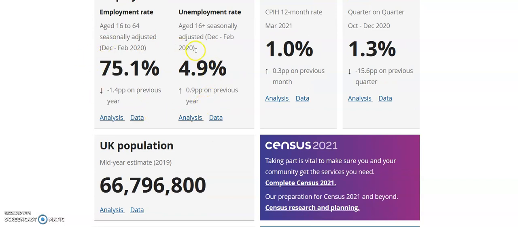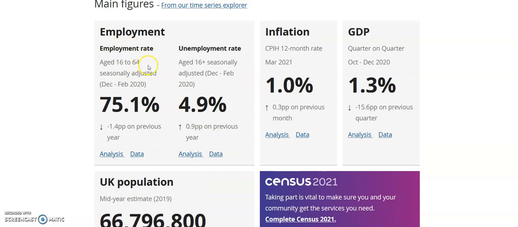This is the UK population, and then we have the employment rate and unemployment rate. These rates are not a percentage of the population, because we have those under the working age and over the working age. As you can see here, the unemployment rate is for those aged 16 to 64, and also 16 plus. So we have the population and we have the workforce.